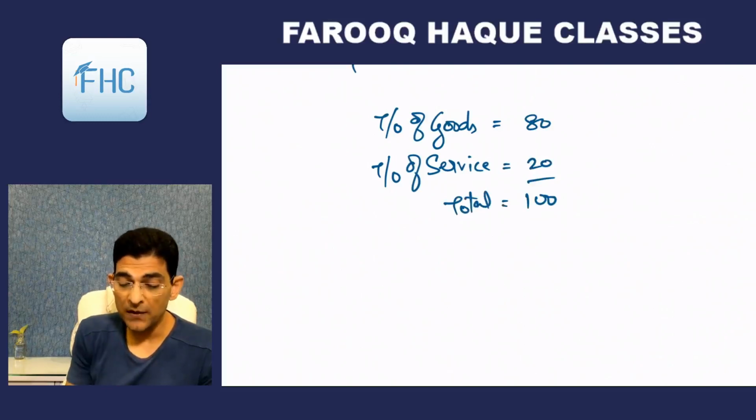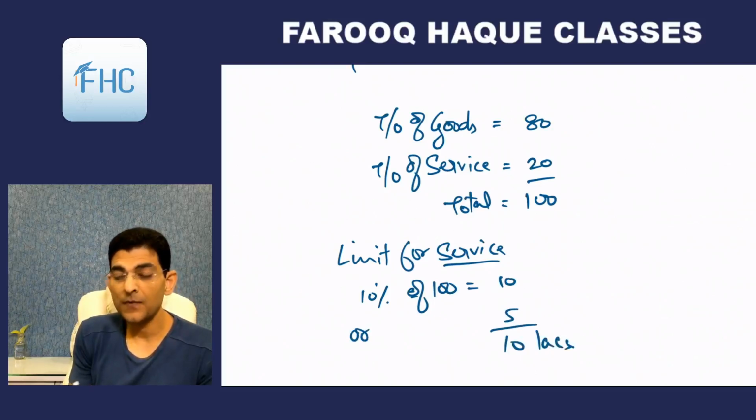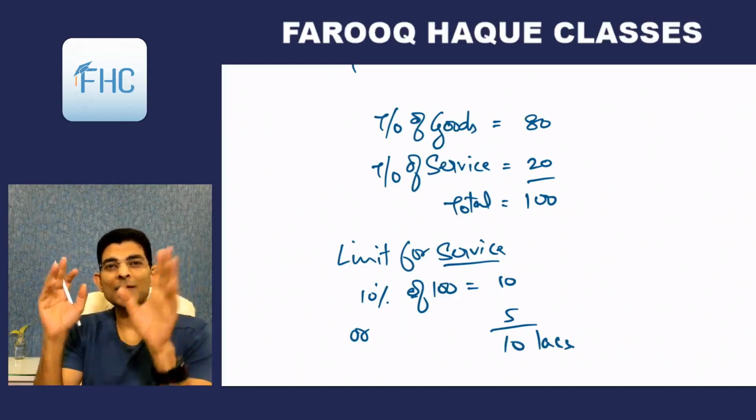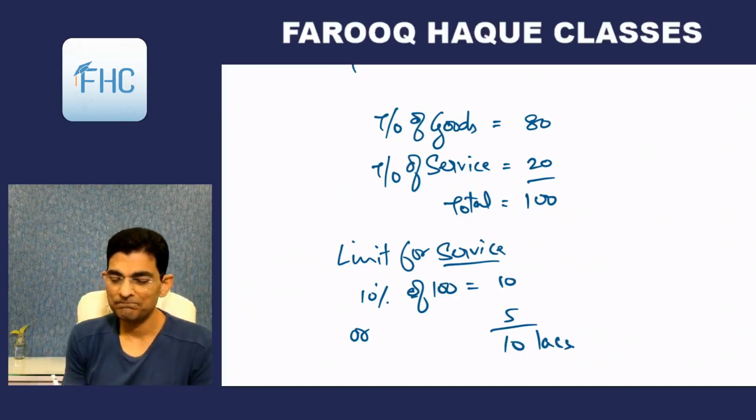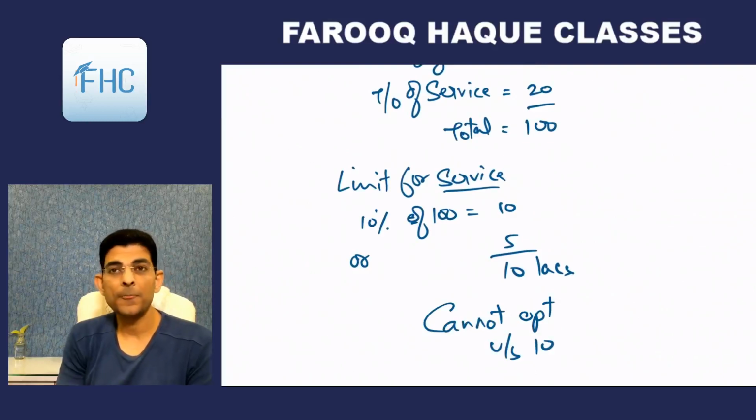So in 100 your limit for service would be 10% of 100, means 10, or 5 lakhs, whichever is higher, means 10 lakhs. So your limit is 10, but as we can see your turnover of service is 20, it has exceeded the limit, means you are not entitled to opt for composition scheme. You cannot claim composition scheme, cannot opt under section 10.